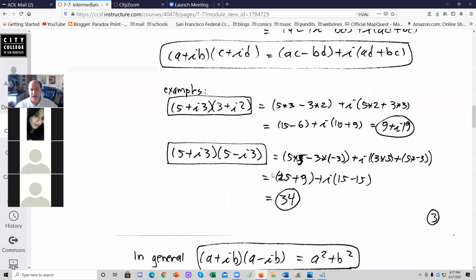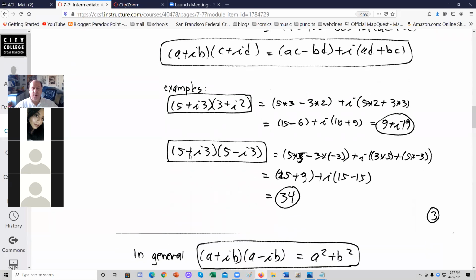There. Here's a cute one. A number and what's called its complex conjugate. 5 plus i3 times 5 minus i3. Okay, real part is 5 times 5. Plus times minus is minus. i3 times i3 is minus 3 times 3. i times 3 plus 5 minus 5 times i3.